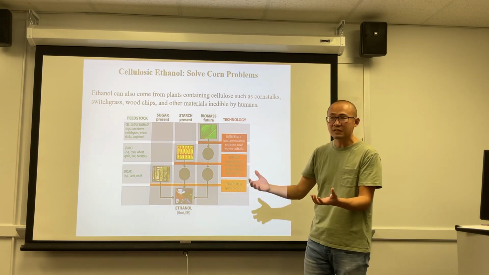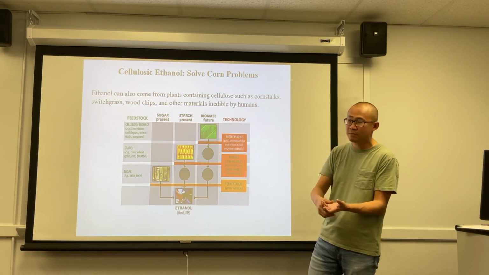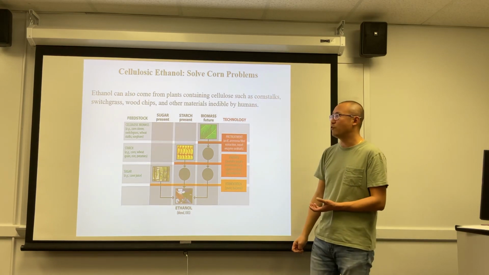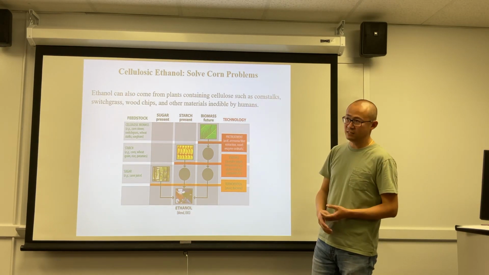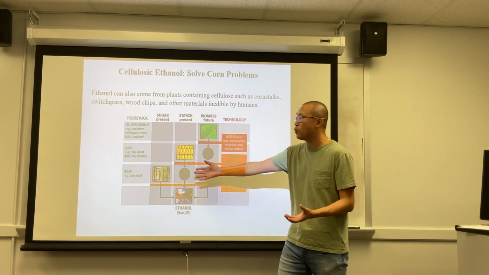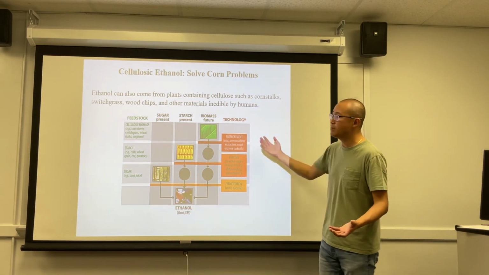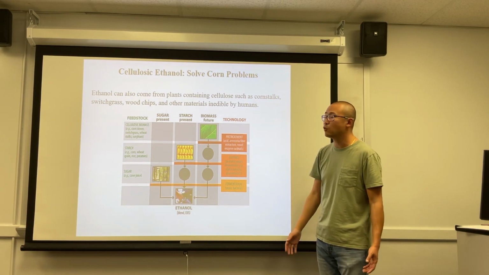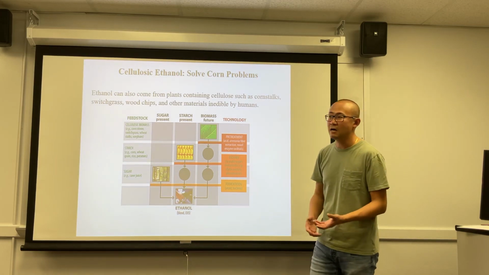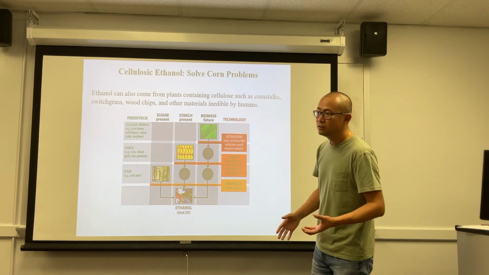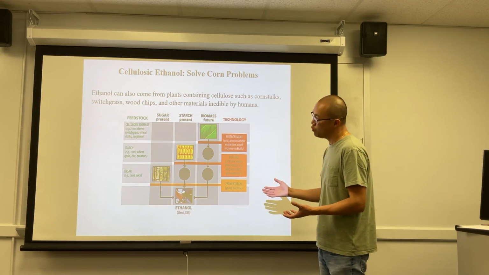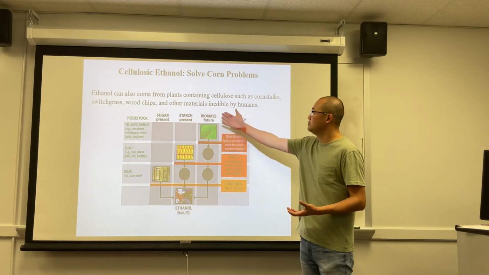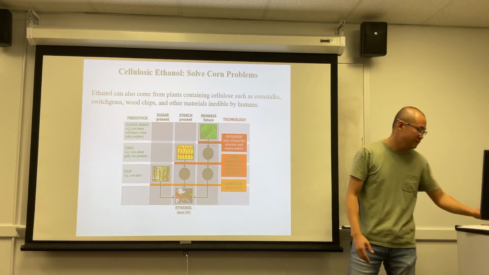Including trees and leaves, they're all made of glucose, but they're different types of sugar. We know corn is made of starch, but if we have a way to convert the larger biomass, such as trees, leaves, or even corn cobs, into ethanol, then we may be able to permanently solve the energy problem. So this is one of the directions, of course, but a lot of enzymes cannot digest large biomass such as corn cobs. They can digest starch, including us. We can digest starch, but we cannot digest larger biomass such as leaves and trees.